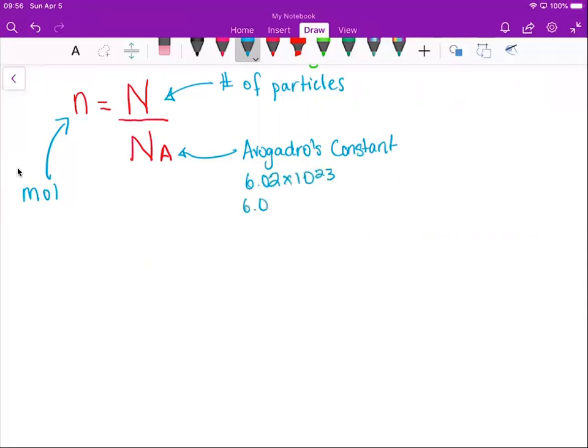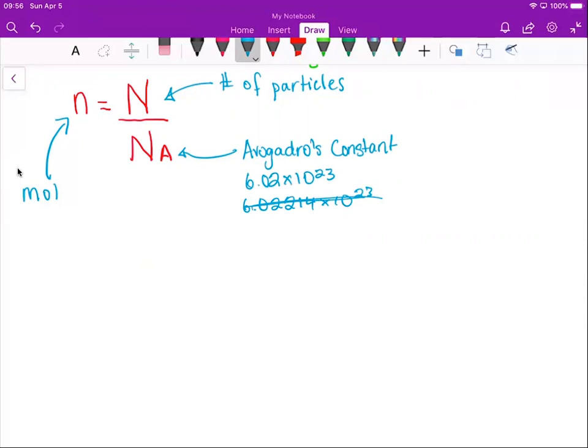It's actually 6.02214. You can keep on going times 10 to the 23, but that's too much, okay? So I always just do 6.02 times 10 to the 23. This is our formula. So obviously, I said to you before, you're either calculating number of moles or number of particles.